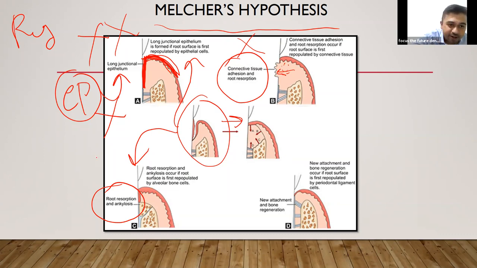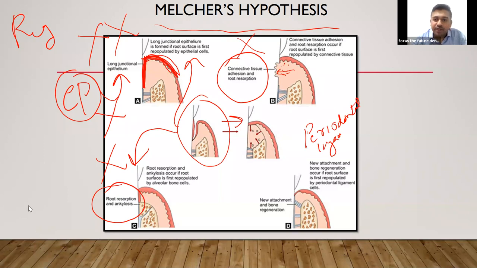It is again bad. We don't want this to happen either. So now what is the only cell that is left? That is your periodontal ligament cells. Cells from your periodontal ligament.